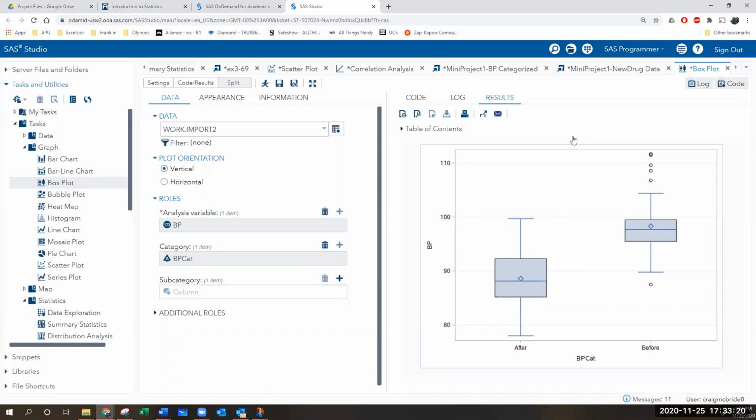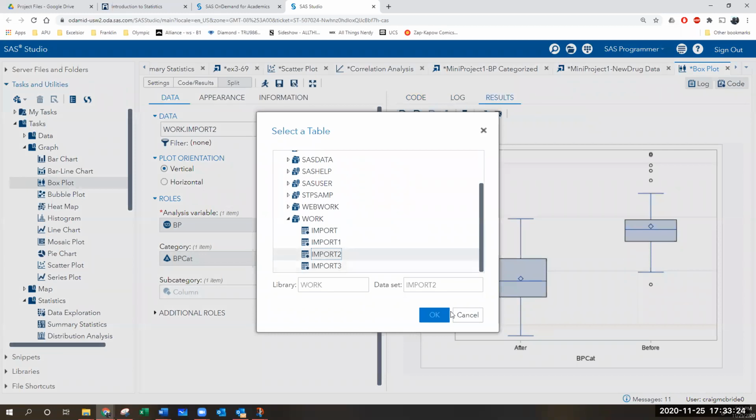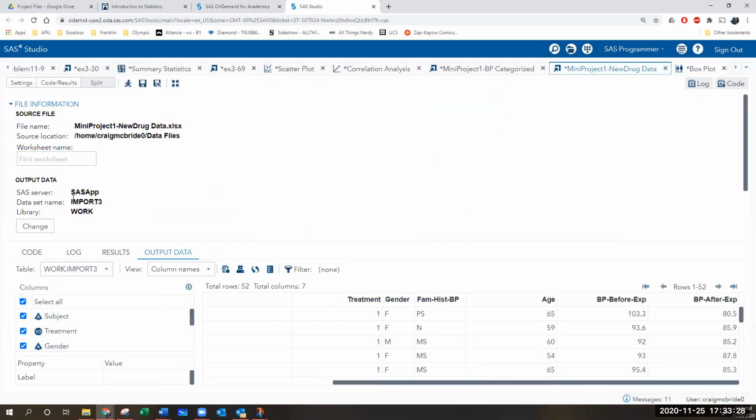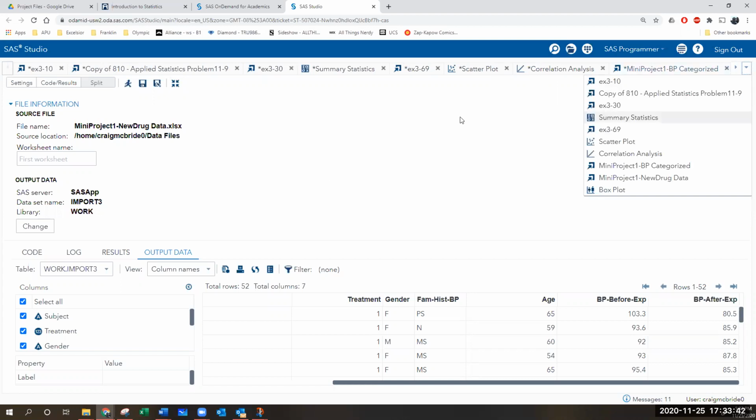It does not work if you just go to this data set, right? Use this normal data set, and this is in import 3. And then, darn it, I double clicked on it and now my window has changed.